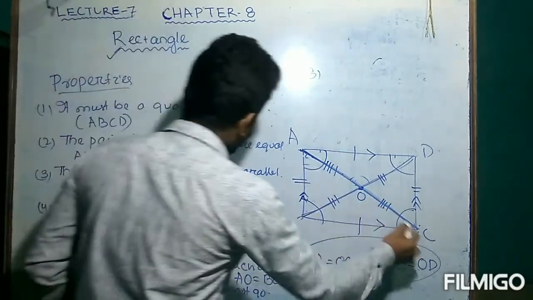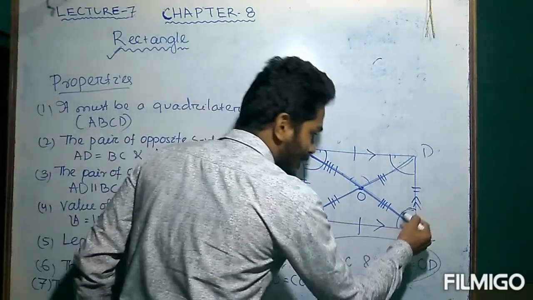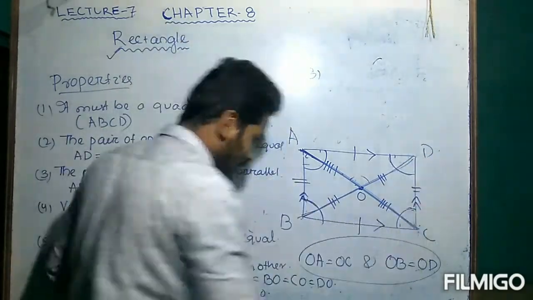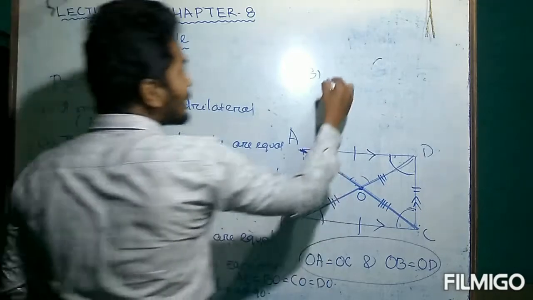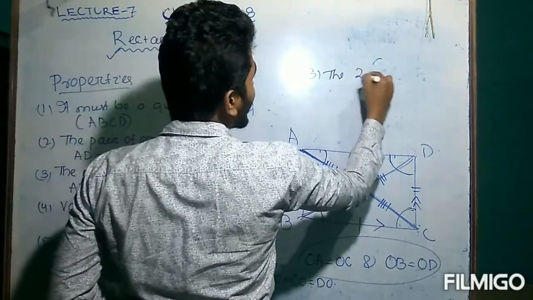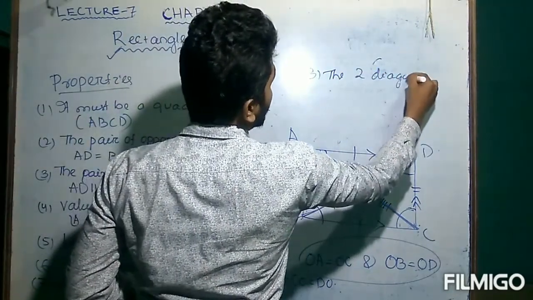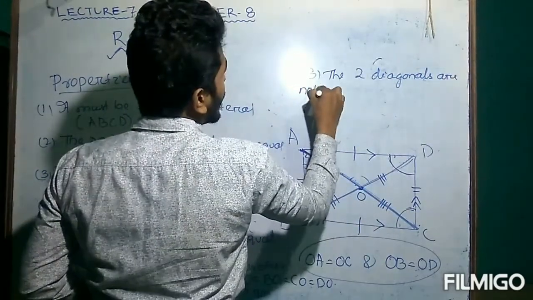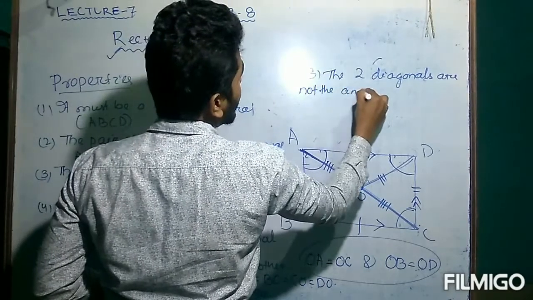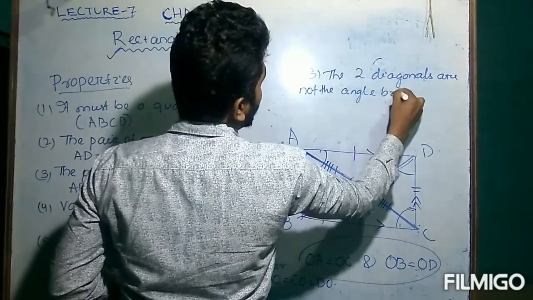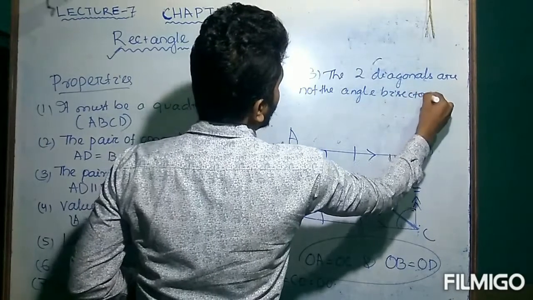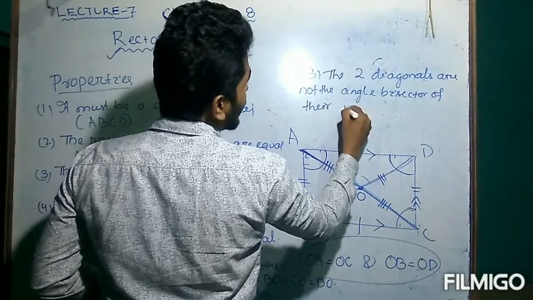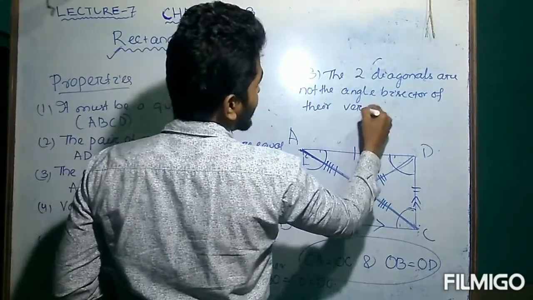Clear? AC is not the angle bisector of A. It is also not the angle bisector of C. BD is not the angle bisector of B and not the angle bisector of D. So you can write the two diagonals are not the angle bisectors of their vertically opposite angles.